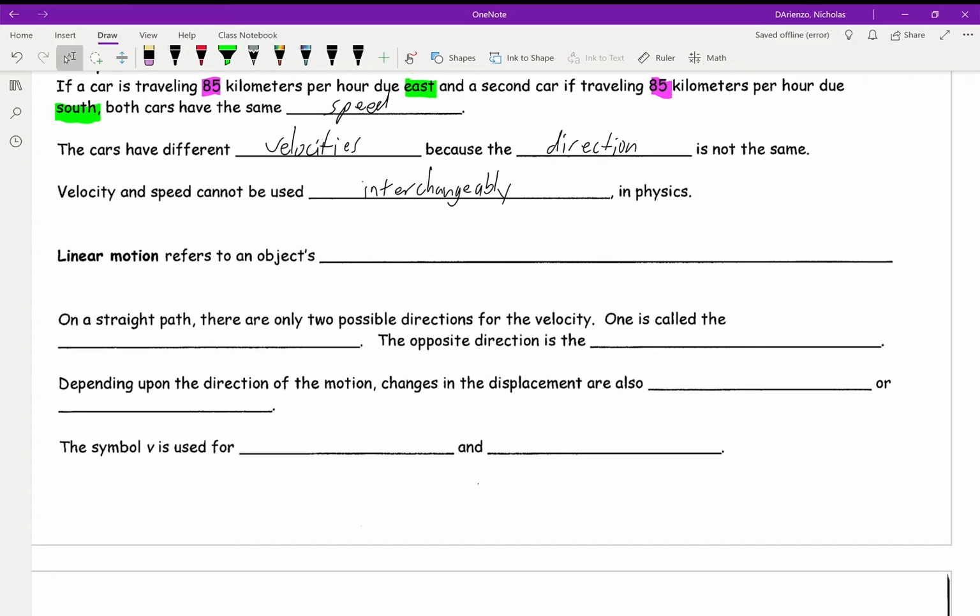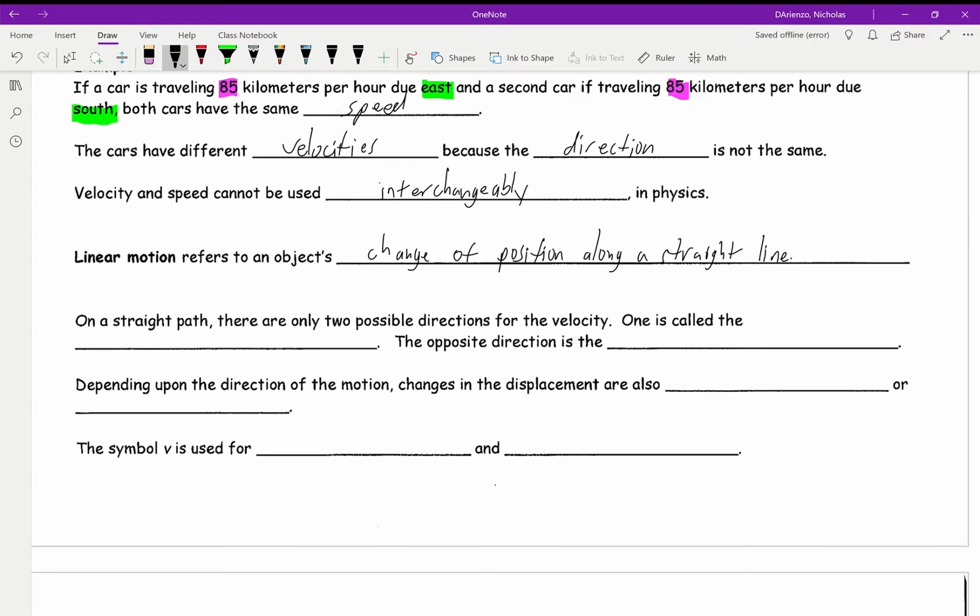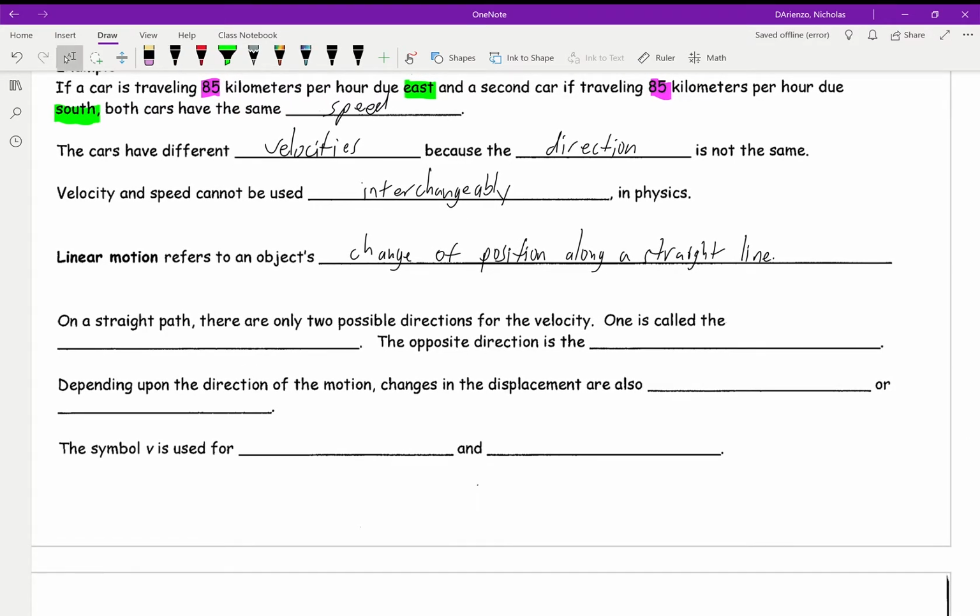Linear motion, if you think of your experience with the word linear, refers to an object's change of position along a straight line. And that's where our linear comes in. Along a straight line. On a straight path, there's really only two possible directions for velocity.